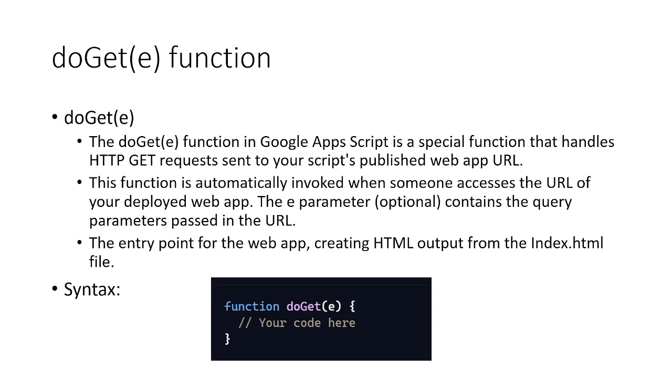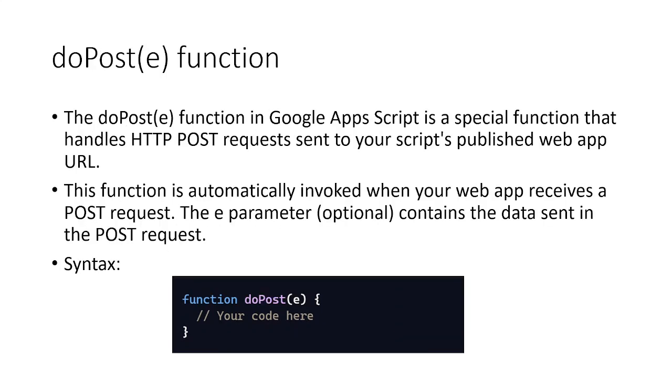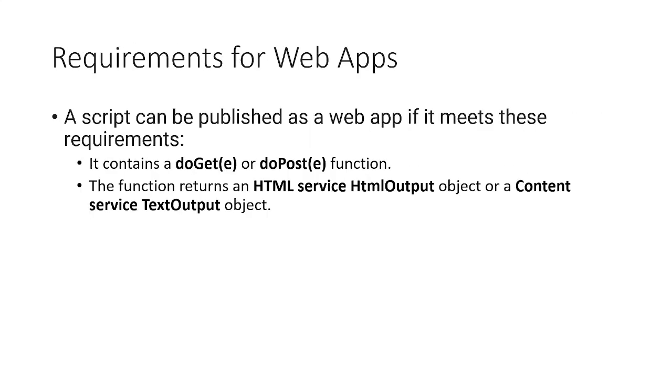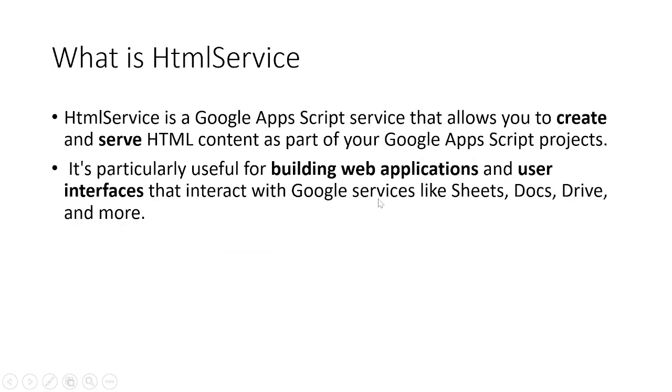Then inside the doGet function, we must produce or return an HTML output object. And what service creates or returns an HTML output? It is the HTML service.